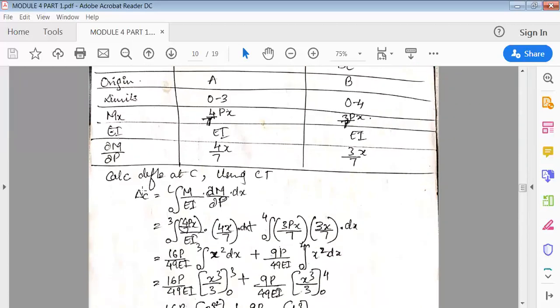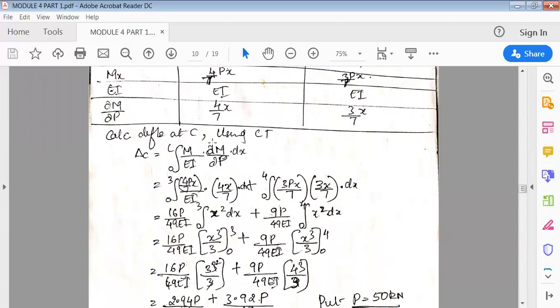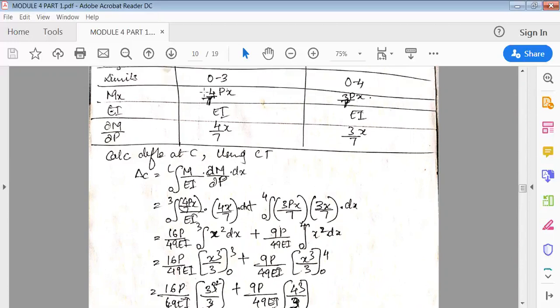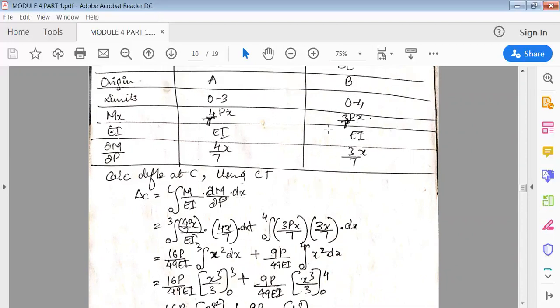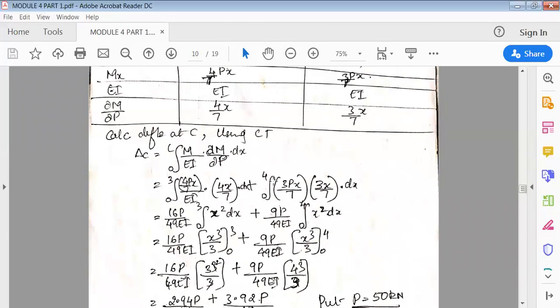So again, calculate the deflection at point C using Castigliano's theorem. So it is integral 0 to L of M over EI into dou M by dou P into dx. So it is 0 to 3. Instead of M, put the value of M here, M over EI into dou M by dou P, this value. Similarly, 0 to 4, moment 3Px by 7, 3x by 7 into dx.